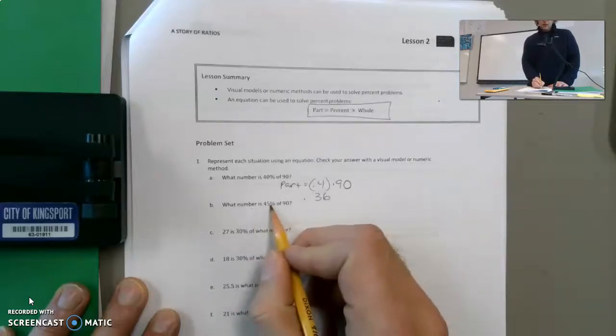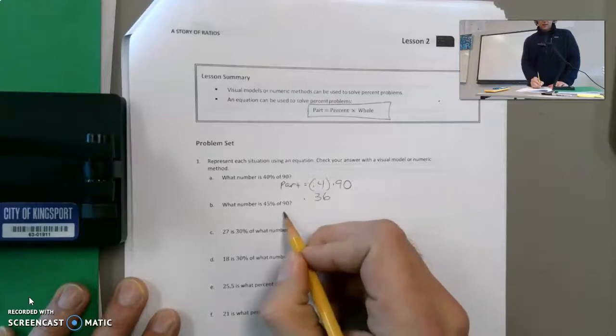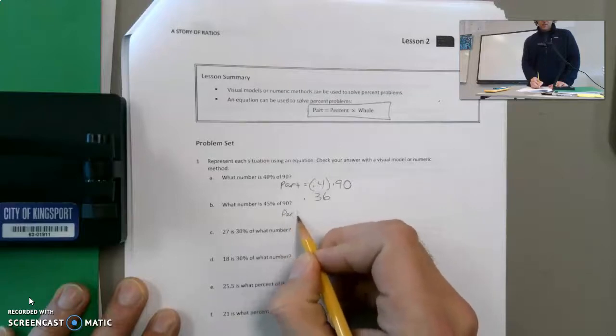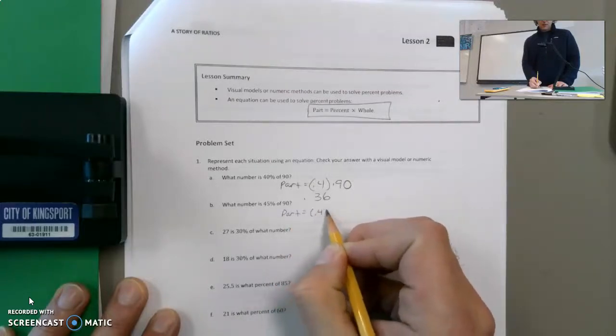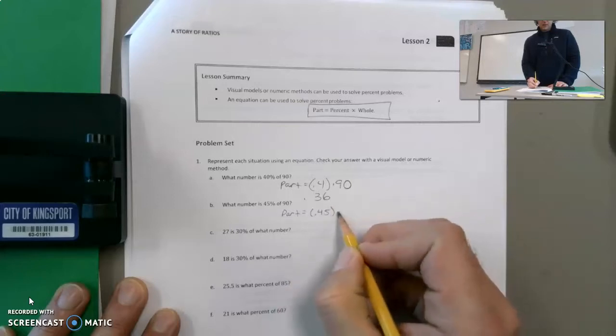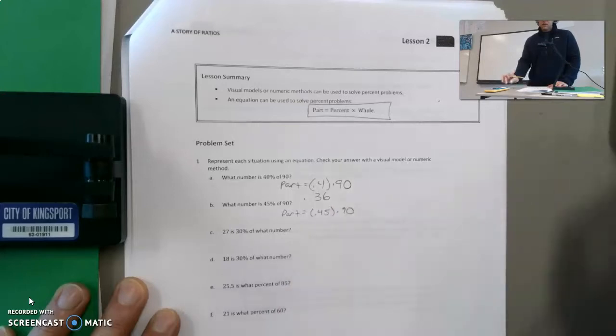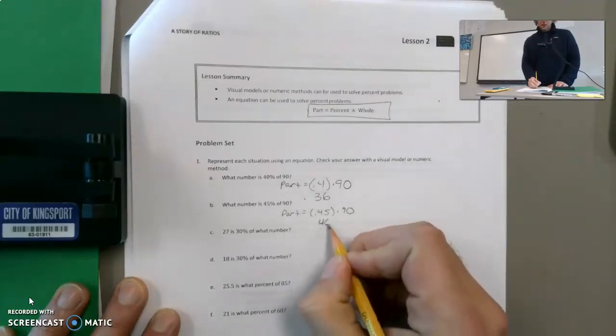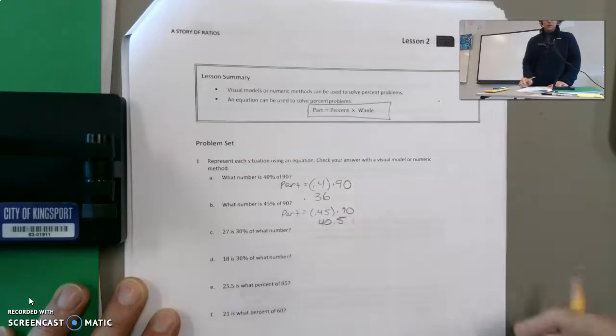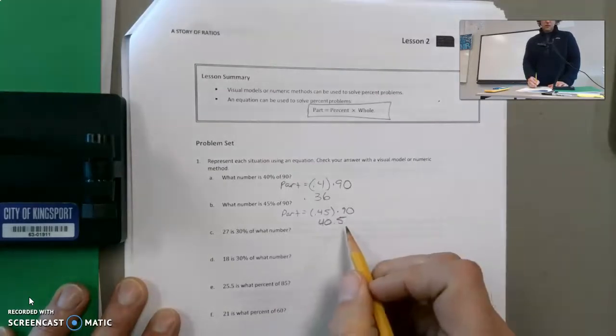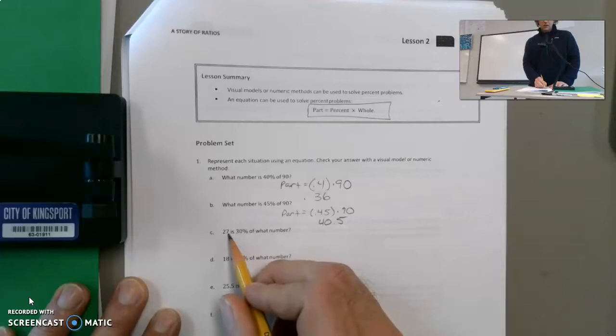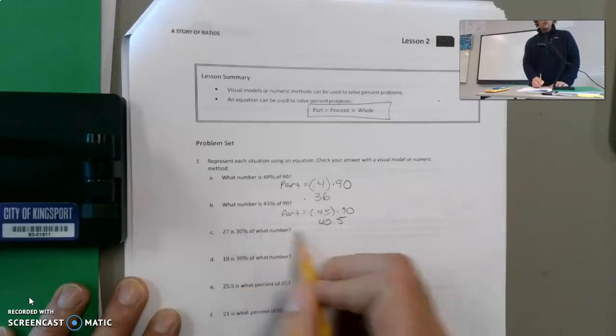What number is 45% of 90? So what part is equal to 45% times 90, and that is 40.5. 40 and 5/10. All right, here we see 27 is 30% of what number?